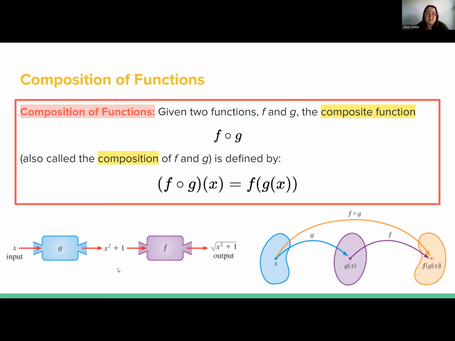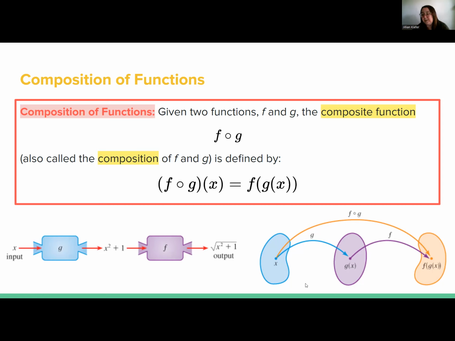And then putting x squared plus 1 into the function f, which in this case does not have it written, but it's the square root of x. But now you have the square root of g of x. So since g of x is x squared plus 1, your final output would be the square root of x squared plus 1. So that's that idea there.